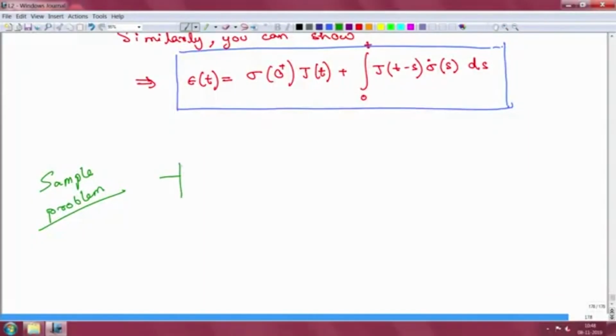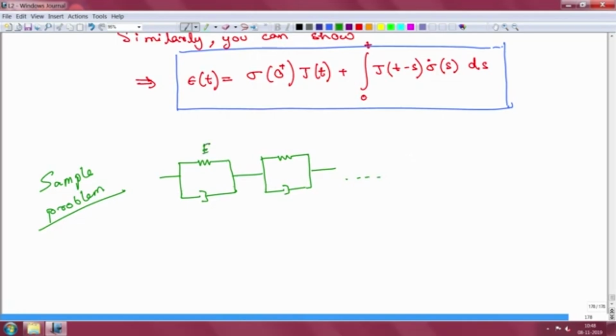So, it is only that the constants and the slight form will change from one model to another, right. So, let us ask ourselves, if you have n Kelvin-Voigt models, and this goes all the way till n.